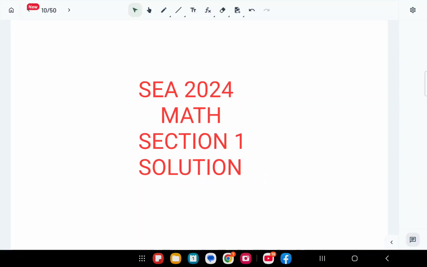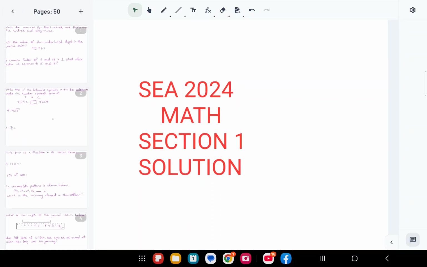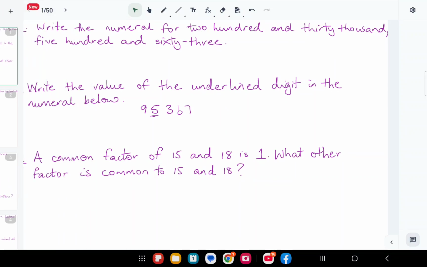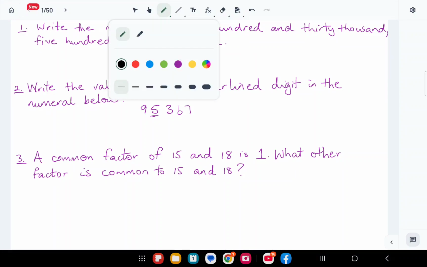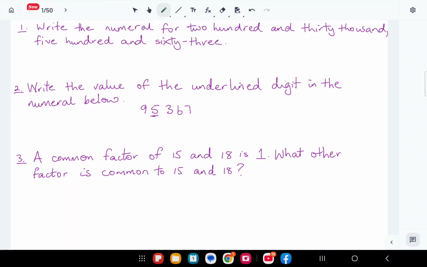Alright, today we're going to do the solutions for the SE 2024 maths paper. We are going to start with section 1. Number 1 states, write the numeral for 230,563.